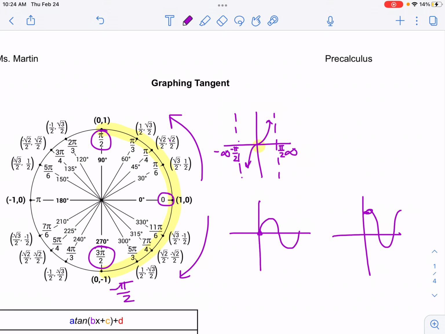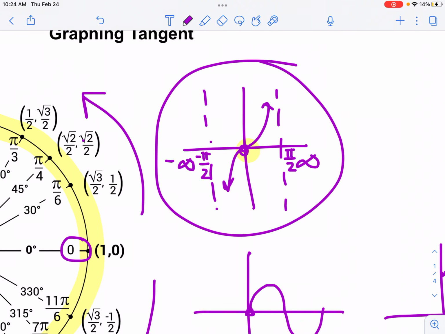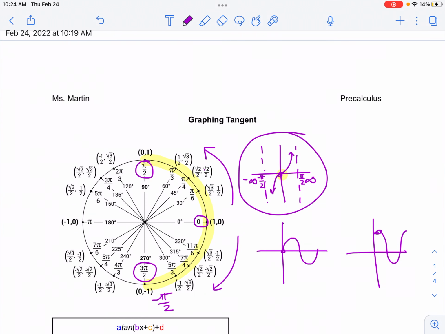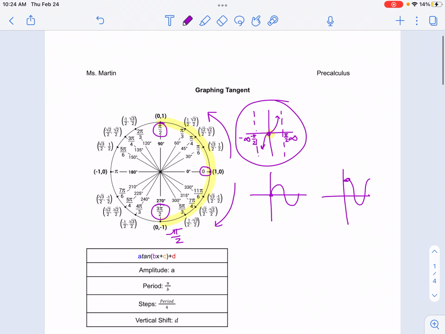It's a little bit different with tangent because it's going to be centered at the origin, okay? We are going to start graphing at the center, and then we'll move in both directions. You'll see what I mean. But just so you know, it's going to be a little bit different than sine and cosine in that way.